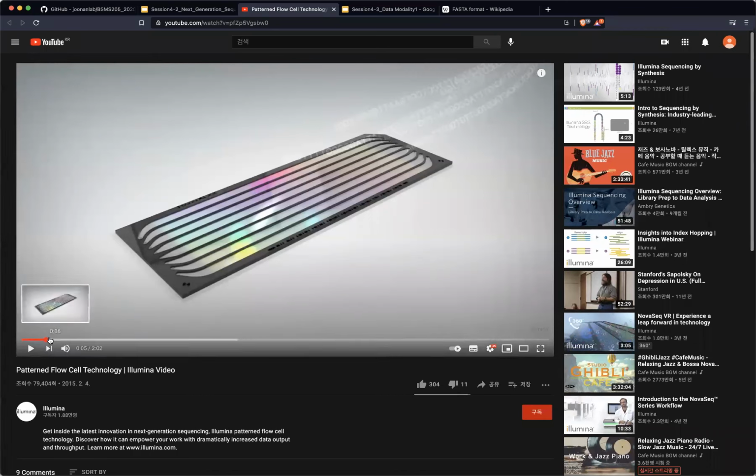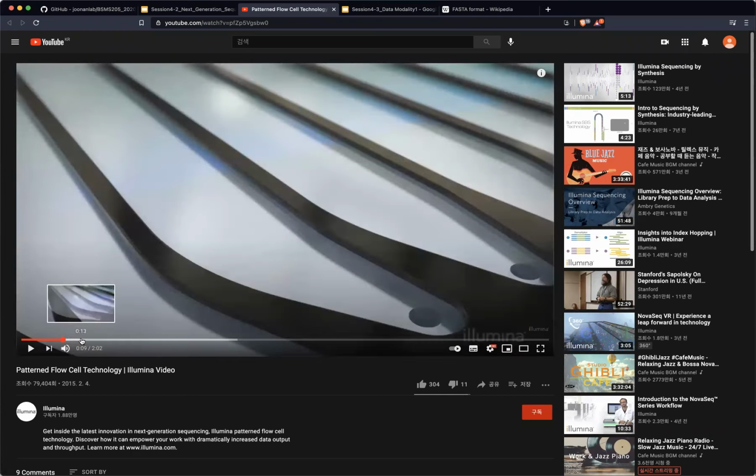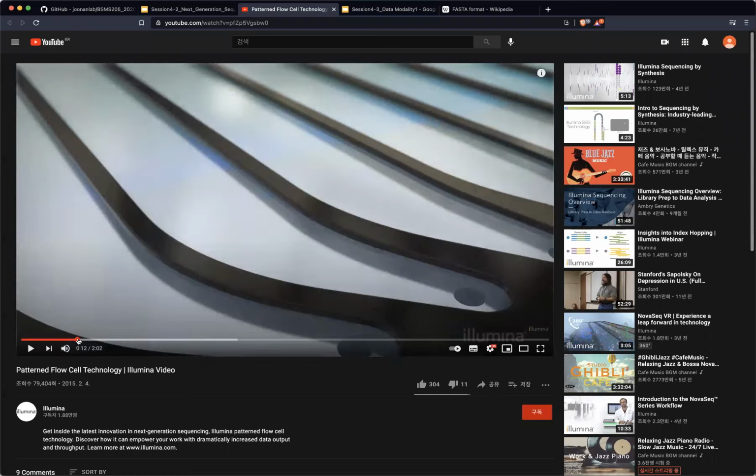Once you put your DNA libraries in here, it flows by liquid, by the pressure, and spreads out through each tile, right?